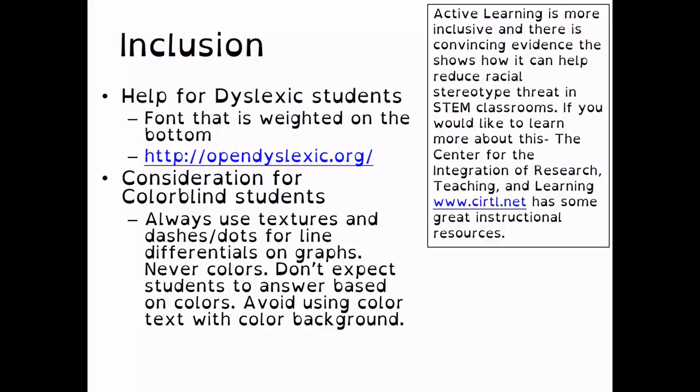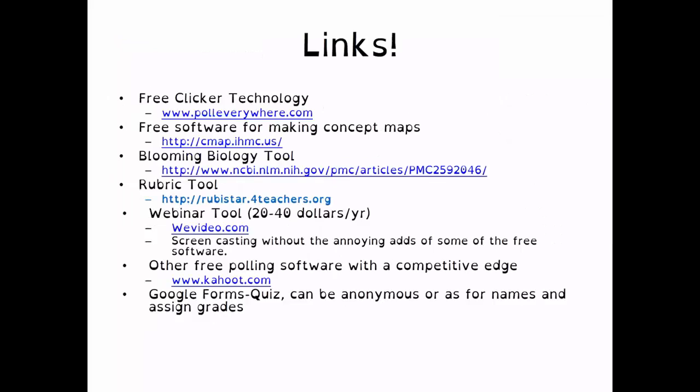And here are some of the links that I talked about. Kahoot is another form of polling. You can do competitive quizzes between groups. And then also WeVideo. Now it's $20 to $40 a year, and that's for screencasting.